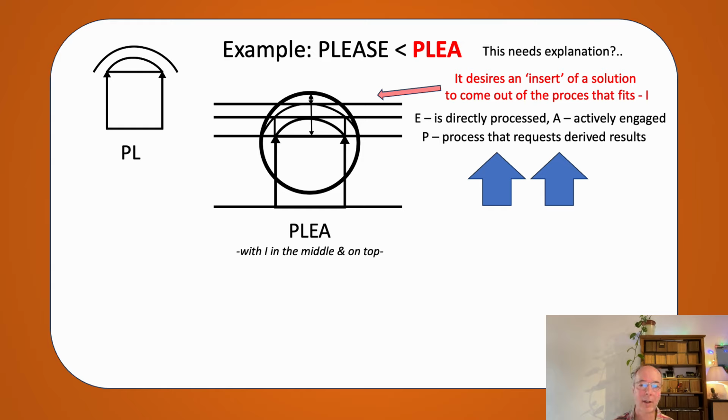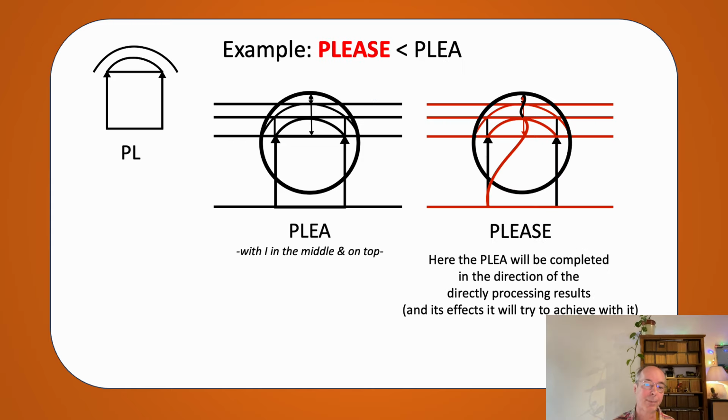It will desire an insert of a solution to come out of the process so that it will fit. That's exactly what the meaning and the direction of the E is, which is also more widely explained in my book. But that's what you can understand by a combination of letters. Maybe this small expression of the abstract thing is not the most perfect one, but you can already have an idea, and it might be helpful.